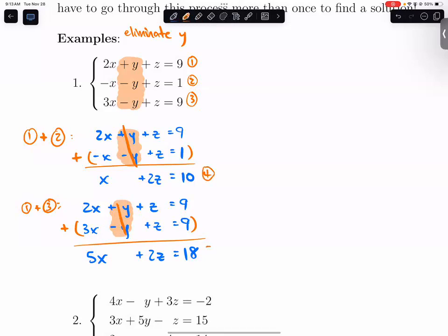So you take the equation you already did and do the other equation.